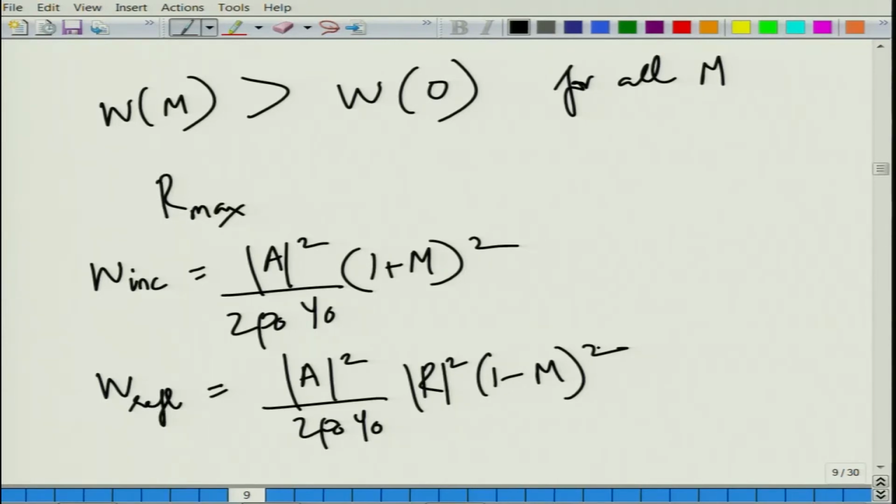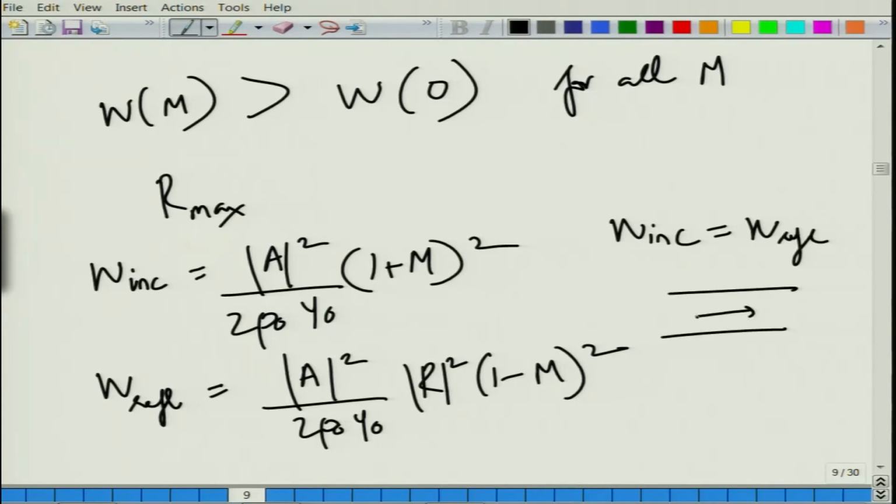Now, clearly the reflection coefficient can be maximum only when the incident power is equal to the reflected power. That is, in a duct carrying a mean flow, whatever acoustic power is being transported by a wave moving in the positive direction is being reflected back by the wave that goes along the negative direction. So, we have to equate these two terms.